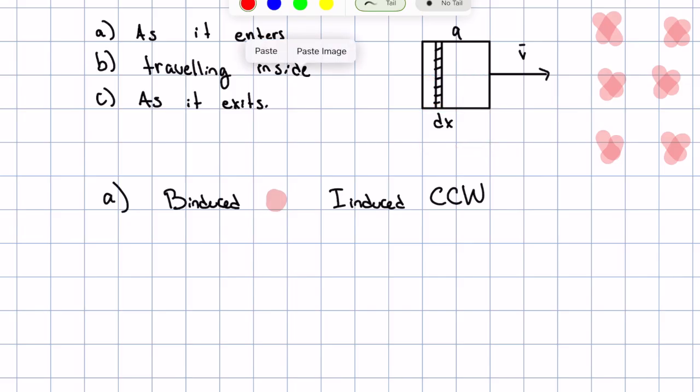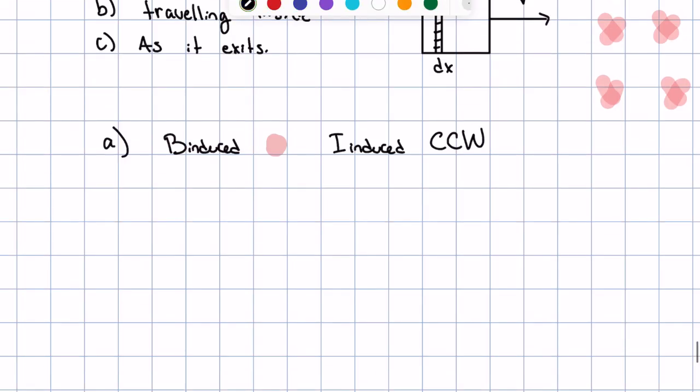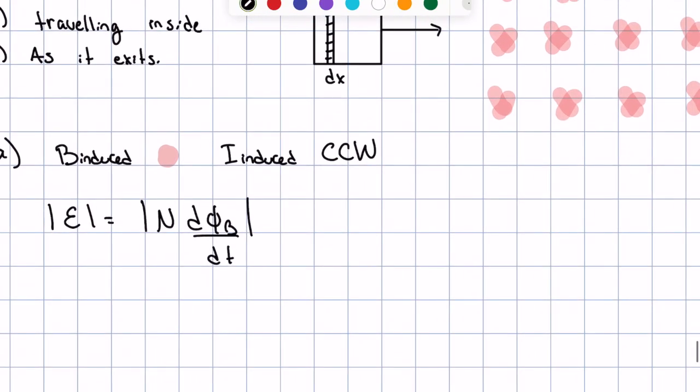So what is the magnitude of I? Well, the magnitude of E is going to be equal to N dΦB over dt. There's only one loop, so N is equal to 1, so dΦB over dt. What is the change of flux over time?